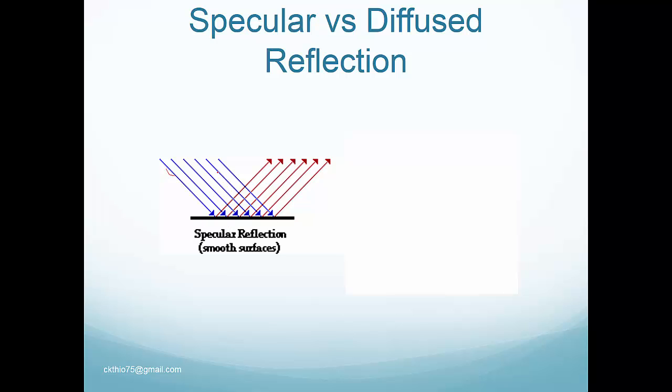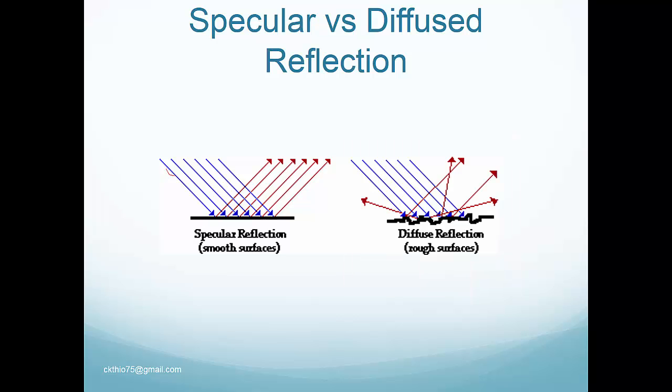So the law of angle of incidence equal to angle of reflection applies uniformly. But for a rough surface such as rock, paper, or even a white wall, which may look smooth but is actually pretty rough, the light rays bounce off everywhere. So there's no coherent light ray, unlike a smooth surface.